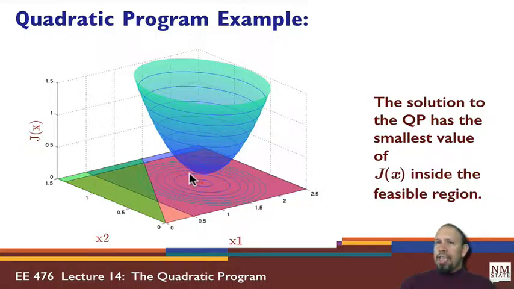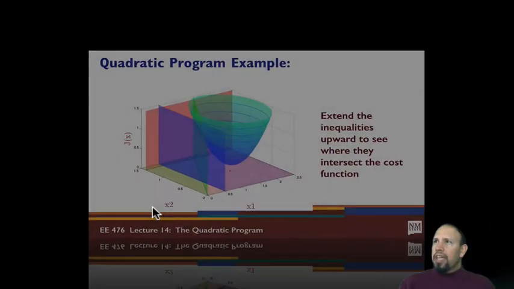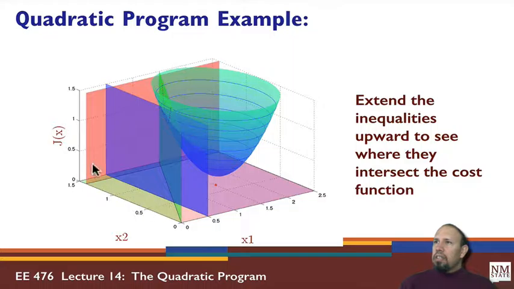One way to see that is by looking at these contour lines. Another way of seeing that for this simple kind of problem is to take these constraints and project them upward and see where they slice into our cost function. So here we extend those constraints upward, and we can see how the solutions slice into our cost function.